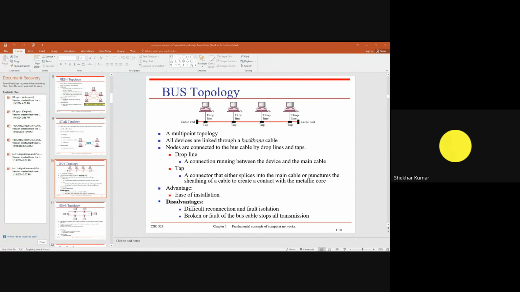But it has some advantages also. It is very cost effective. Cable cost is very low because fewer cables are required to connect the nodes as compared to other network topologies. It is more feasible for very small networks.